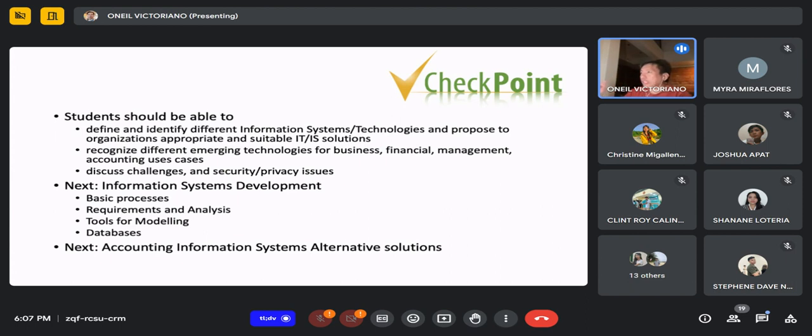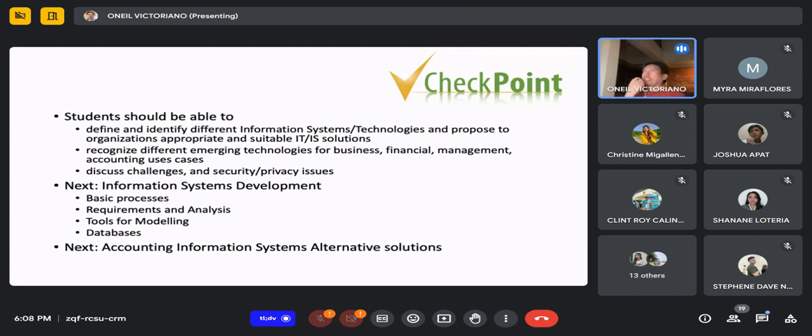What would be alternative solutions? So be able to recognize different technologies for business, finance, management and accounting use cases, to be able to propose different emerging technologies for such a particular use case or scenario in the organization.